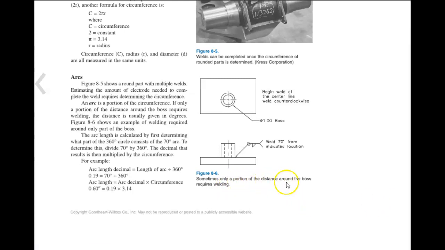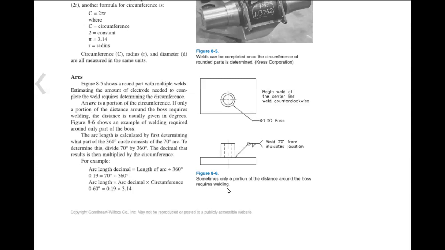Sometimes only a portion of the distance around the boss requires welding. The arc length is calculated by first determining what part of the 360-degree circle consists of the 70-degree arc. To determine this, divide 70 degrees by 360. The decimal that results is then multiplied by the circumference.